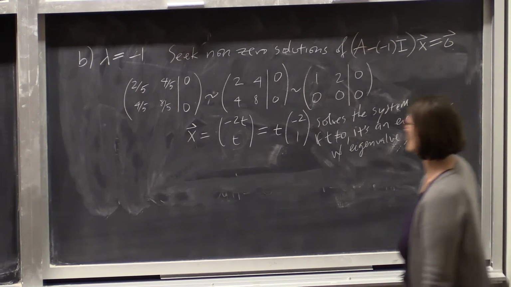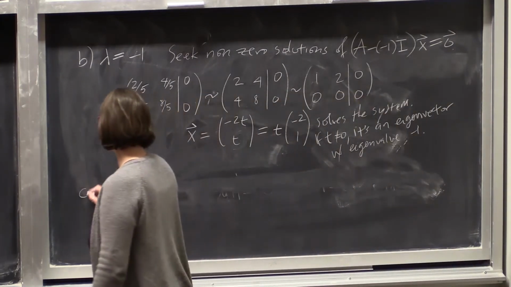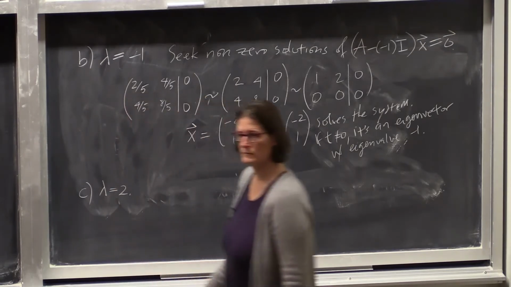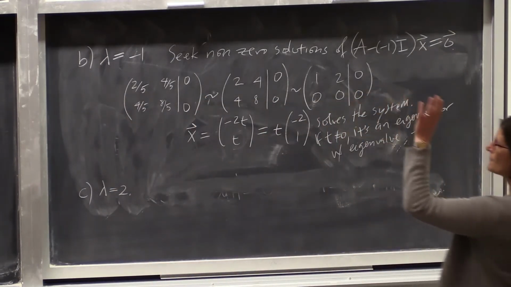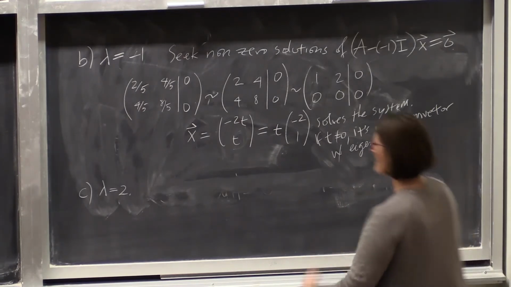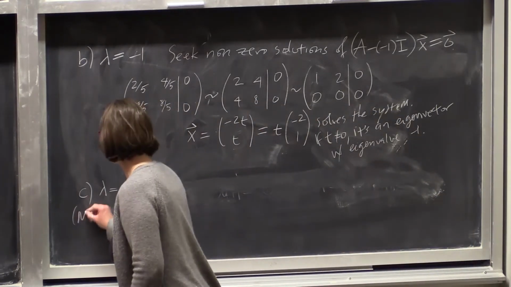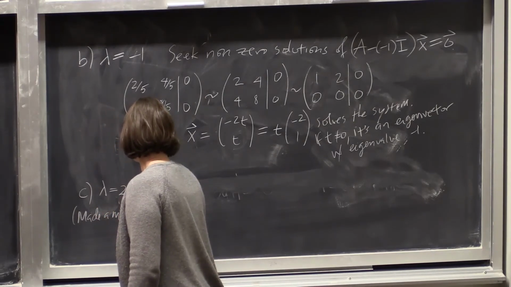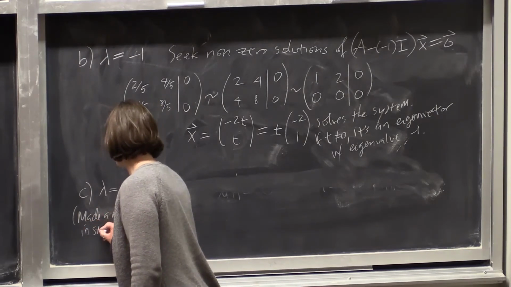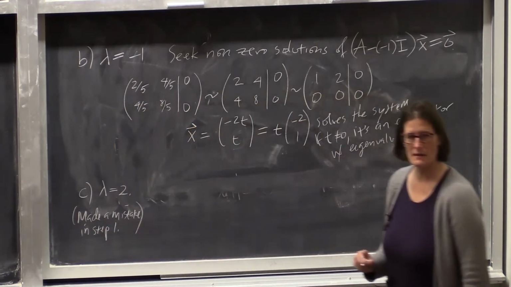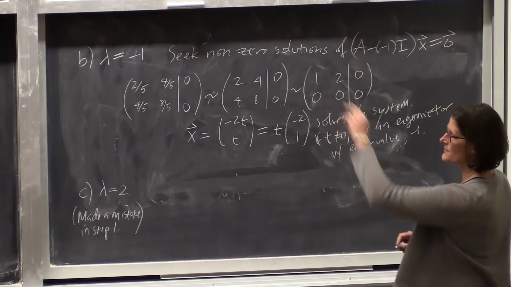Are we happy based on our geometric understanding? Yes. All right, now let's just quickly see what would have happened if we thought that lambda was equal to 2. So let's say you made a mistake when you were computing your eigenvalues in step 1, some arithmetic mistake.